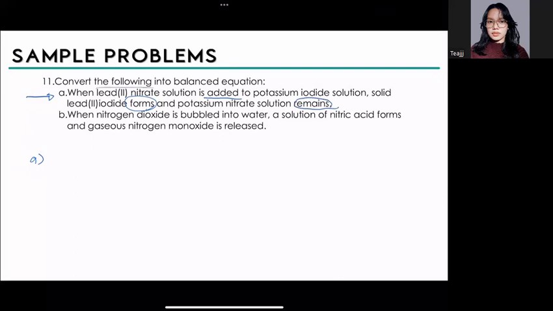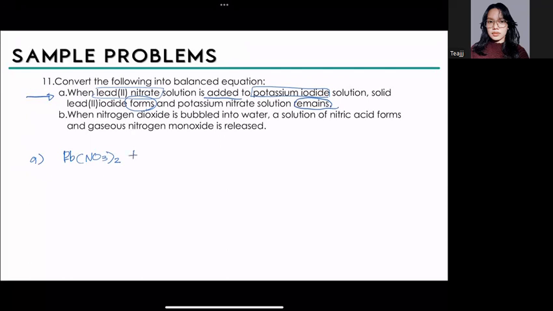Since lead nitrate is added to potassium iodide solution, we know now na sila yung starting natin. Sila yung mga reactants. So lead nitrate is Pb(NO3)2. You'll know why doon sa lab ninyo, or if you already know, then that's good.